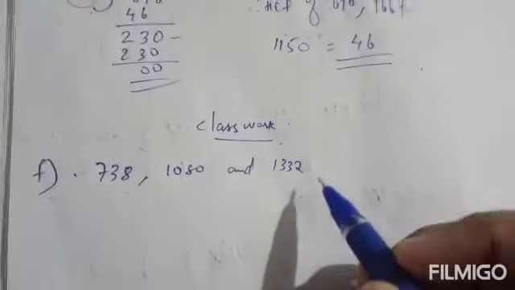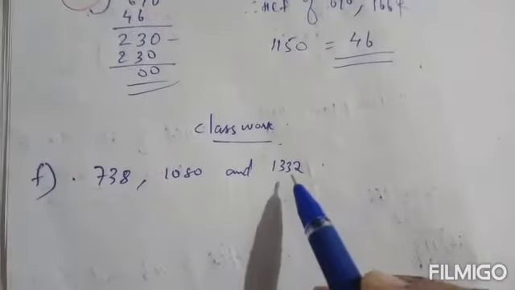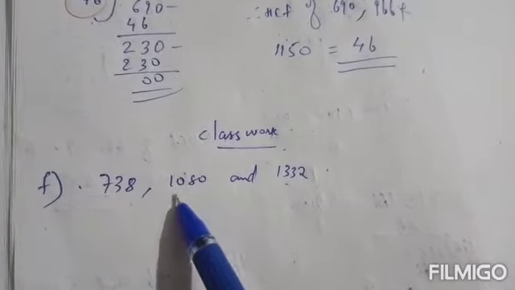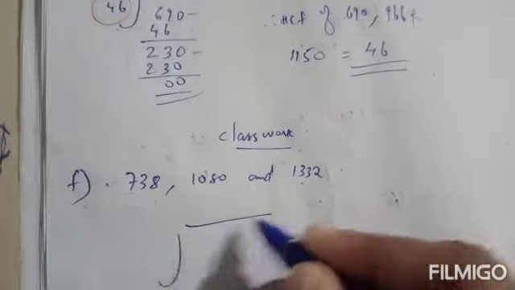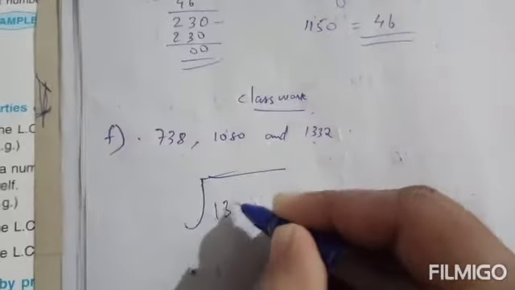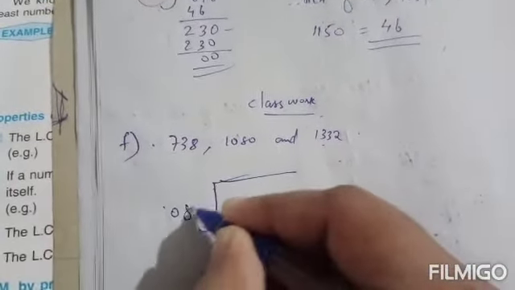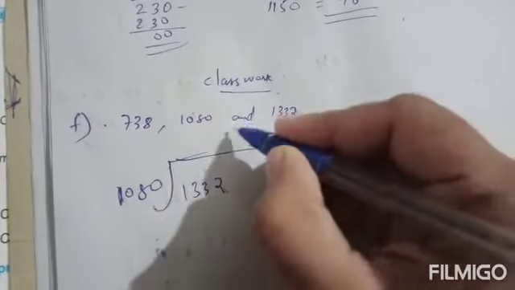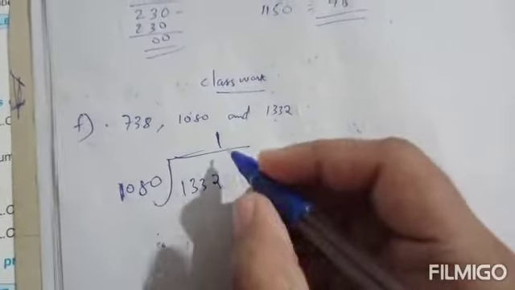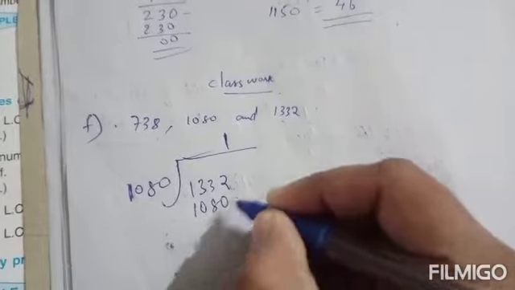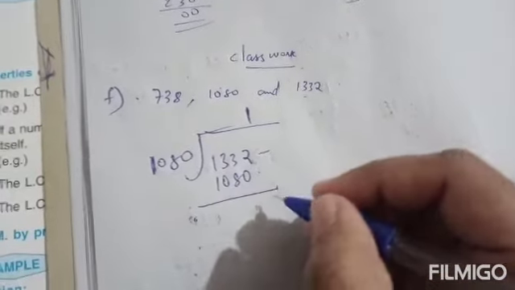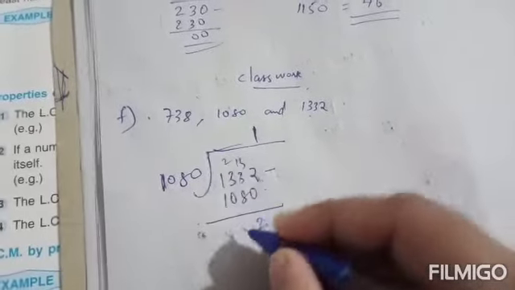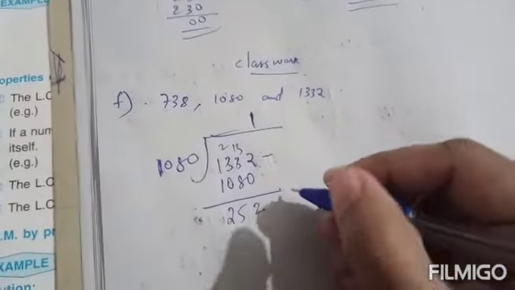Here the largest number is 1332 and the second largest number is 1080. So divide 1332 by 1080. Okay, so it will go one time, 1080 into 1. Now subtracting, you will get 252.